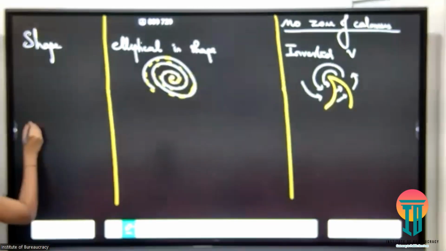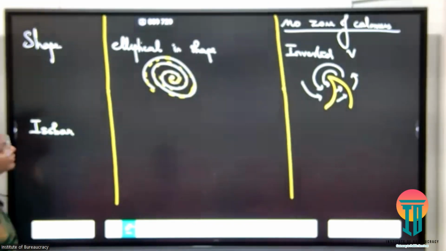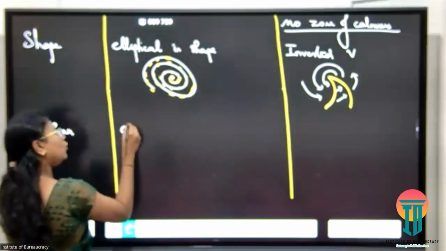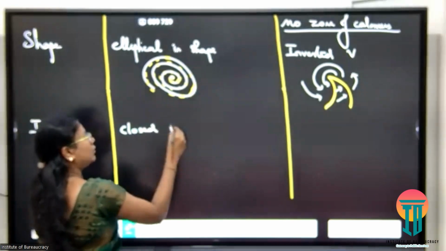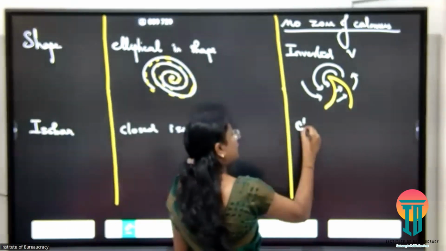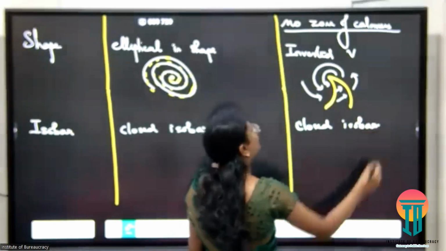Isobars. One important common thing, these are closed isobars. ரெண்டுமே closed isobars, comparative study. But the shape of isobars are different.